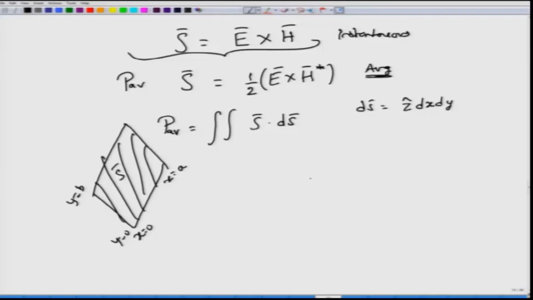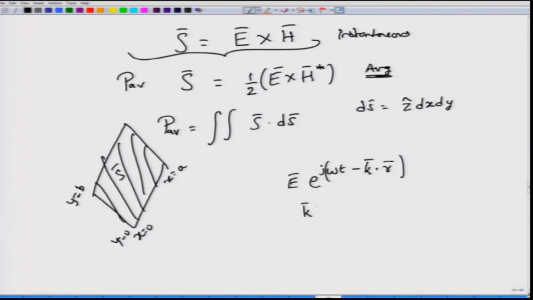In that case, instead of wave number, we talk about the wave vector, that is, k itself will become a wave vector. The direction of propagation of the wave will be denoted by k, and this k itself will be a vector, and the corresponding spatial part will be given by k dot r, and the electric field direction will also be determined by the direction of this k vector.